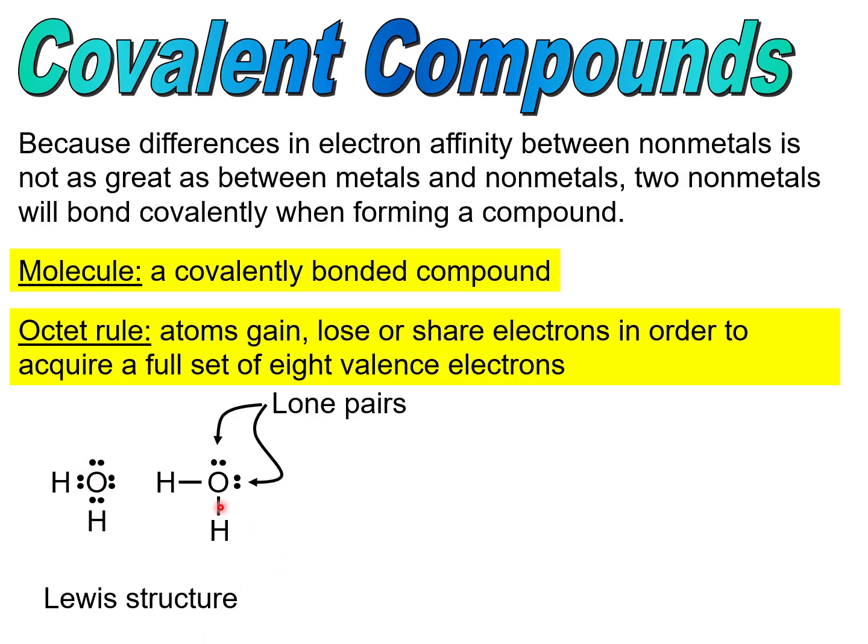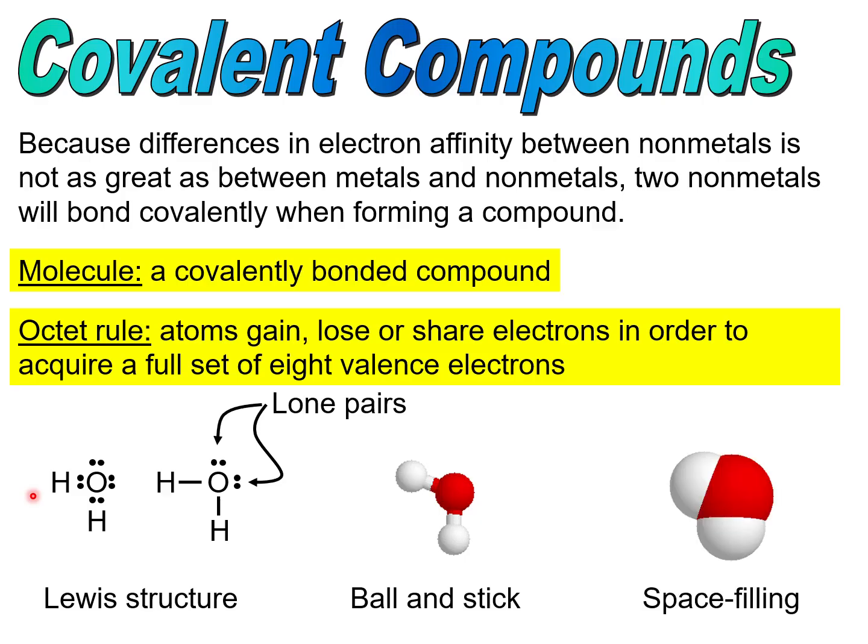I prefer to use sticks to show the bonding pairs of electrons because keeping track of all those dots is a little confusing. One of the things we're going to do is look at how to go from this flat 2-dimensional Lewis structure and figure out what it's going to look like in 3D.